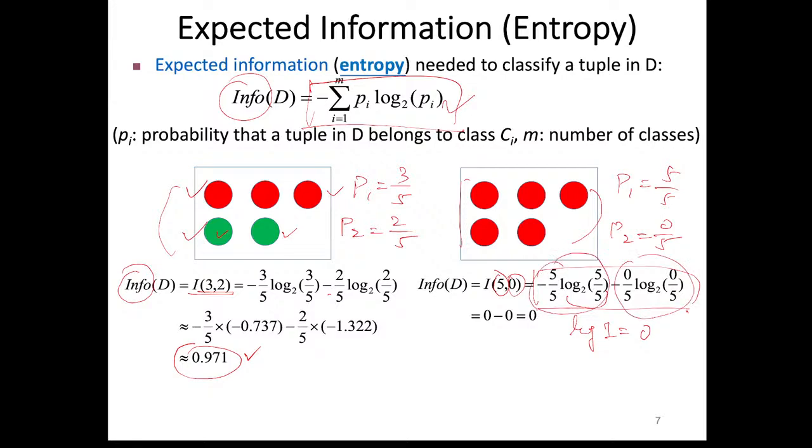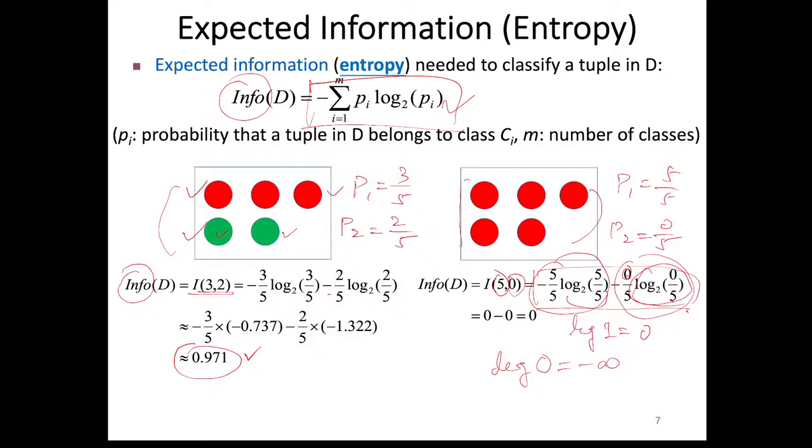How about this part? We have a 0 here. But what is log 0? Log 0 is negative infinity. So what is 0 multiplied by negative infinity? It's not clear.